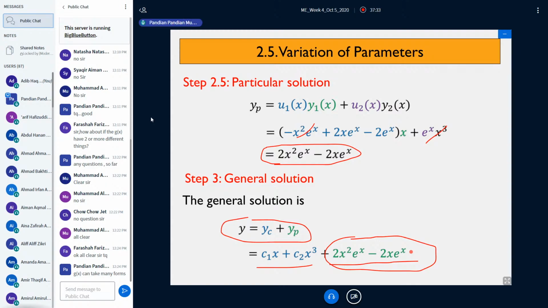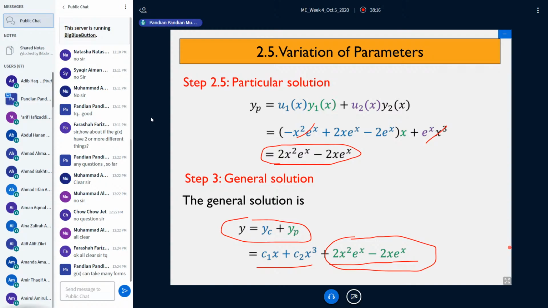So this method is different from the undetermined coefficients method. If you are given any problem in the future, you must make your decision whether you want to use the undetermined coefficients method or the variation of parameters method. And this is the dilemma that you are going to face. At the moment, we haven't done any analysis yet. Just let us see if you have any problem, then I am ready to give you an idea.